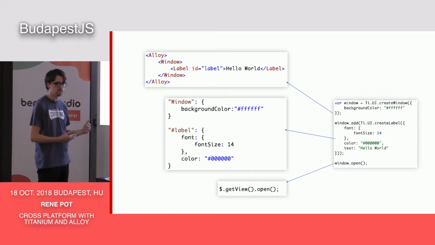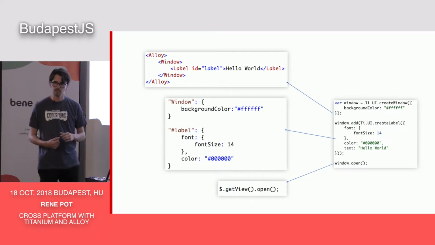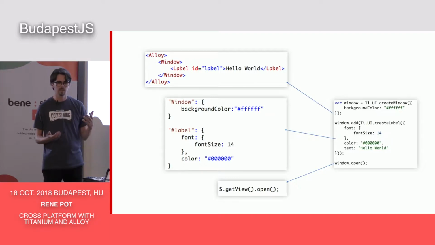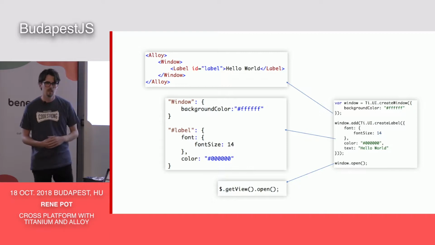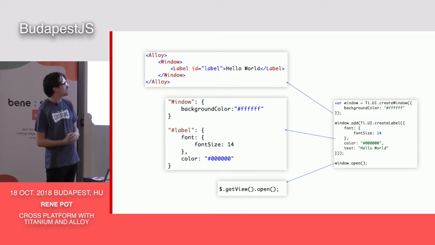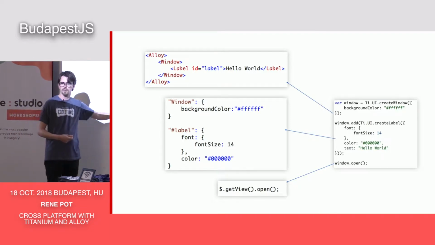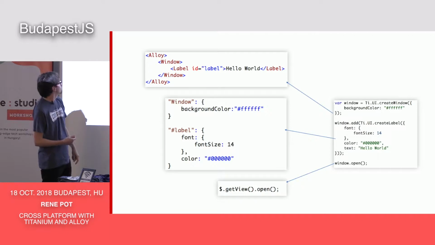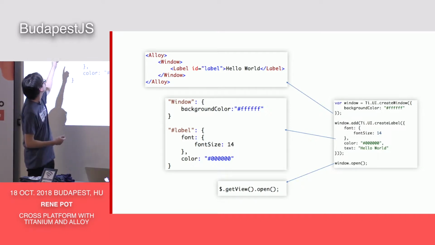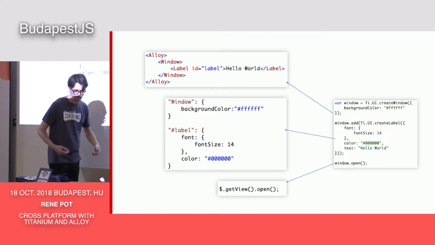This makes the separation of concerns so much easier, so you don't clutter your controller logic with any UI elements. This is everything that's left of the controller: you just open the window. Or in this case, getView is the top level, so the window.